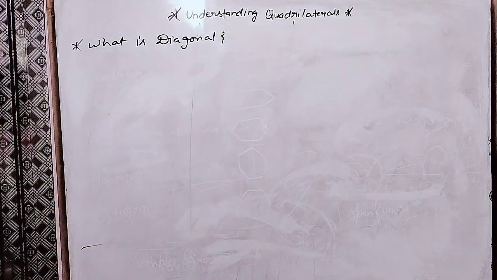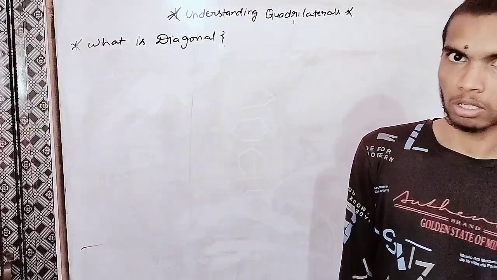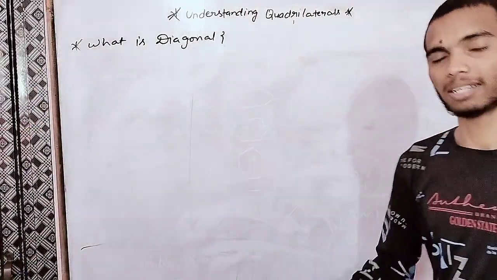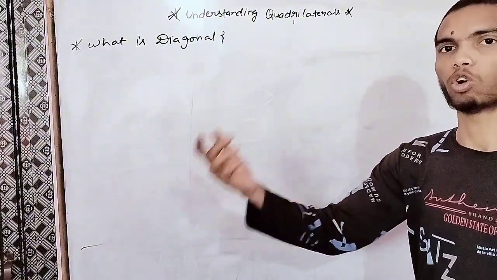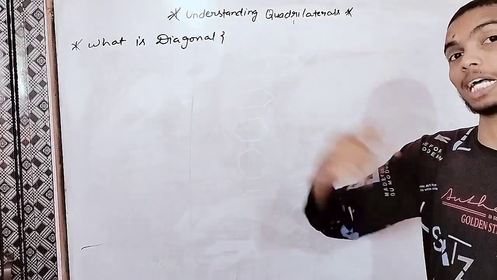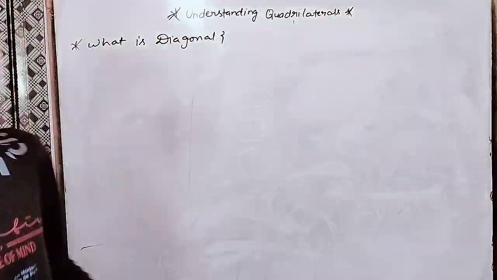Can you tell me what is a diagonal and what is the figure of a diagonal? So with the help of the classification of polygons, we can understand about a diagonal. A diagonal is also part of a polygon. Remember, it is also part of a polygon. And let's see where the diagonal is in a polygon.